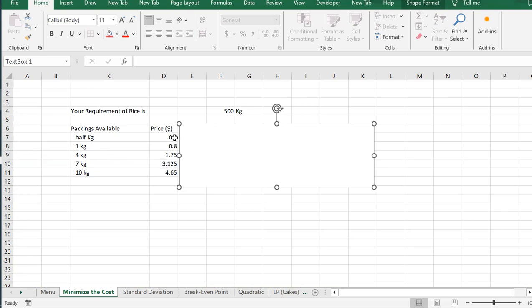Here the half kg was $0.5, and the 10 kg by that rule should be $5, but it is even less, $4.65. So you are having the discount like this.